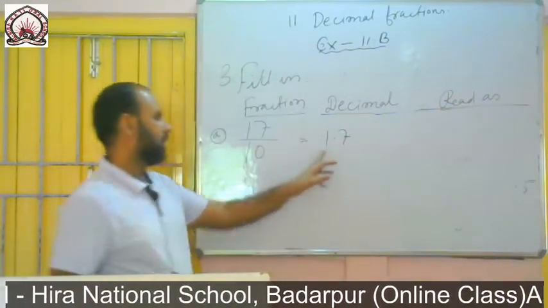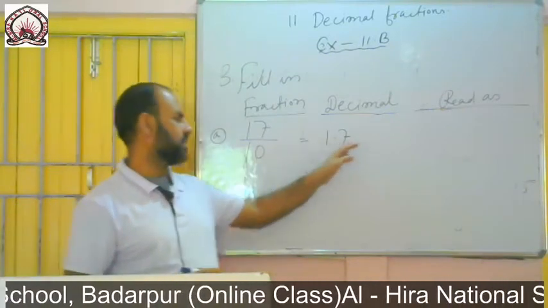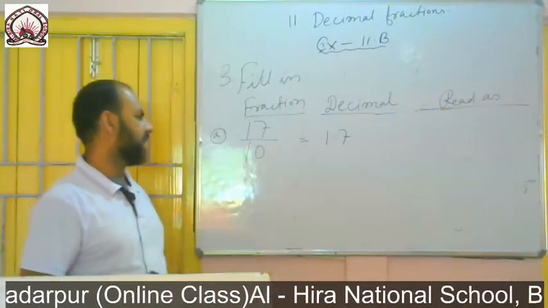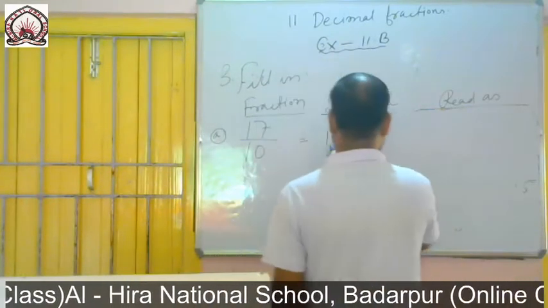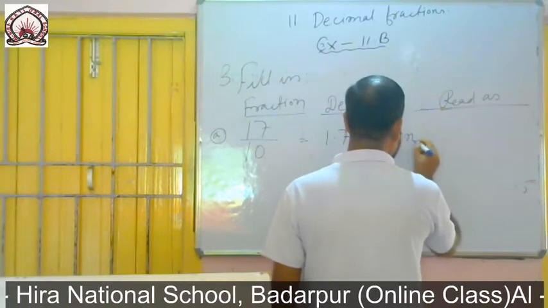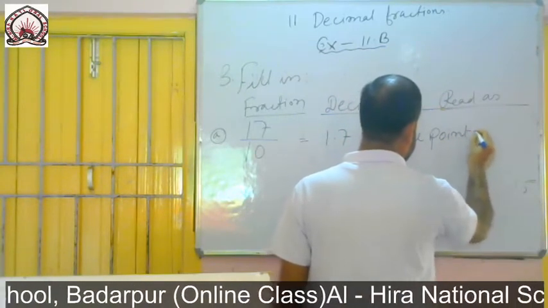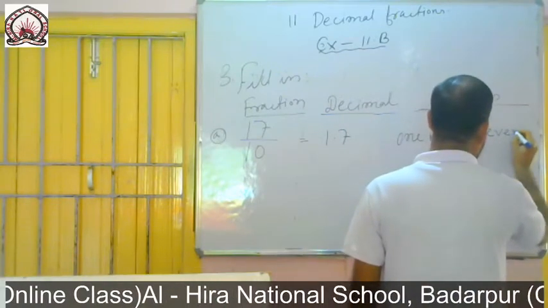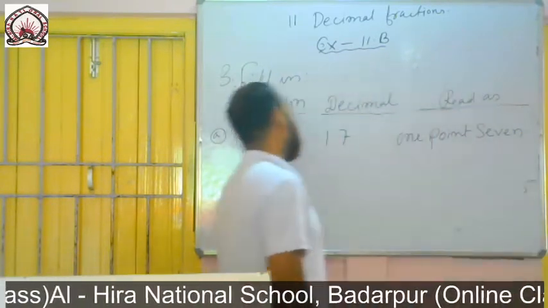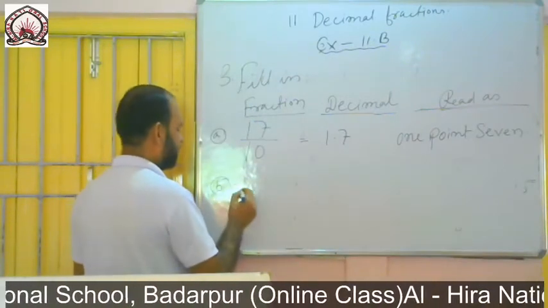That means 1.7. The decimal fraction is 1.7, and read as 1 point 7. Question number B.